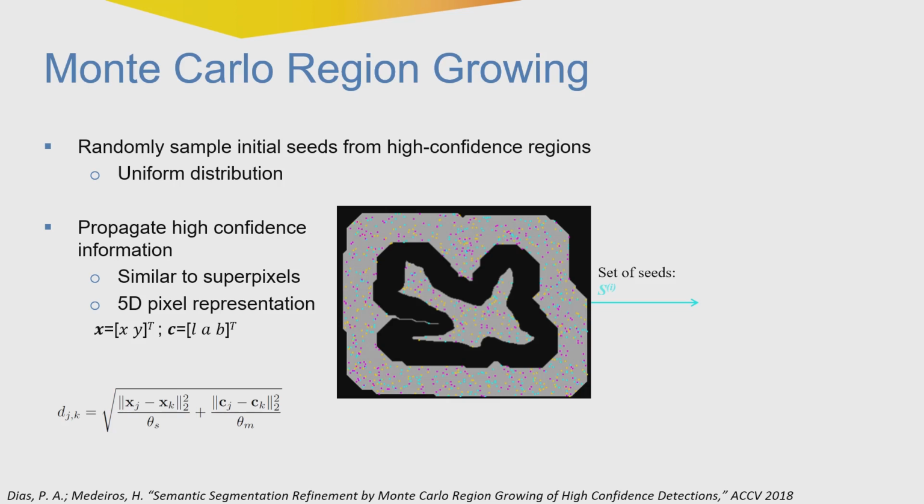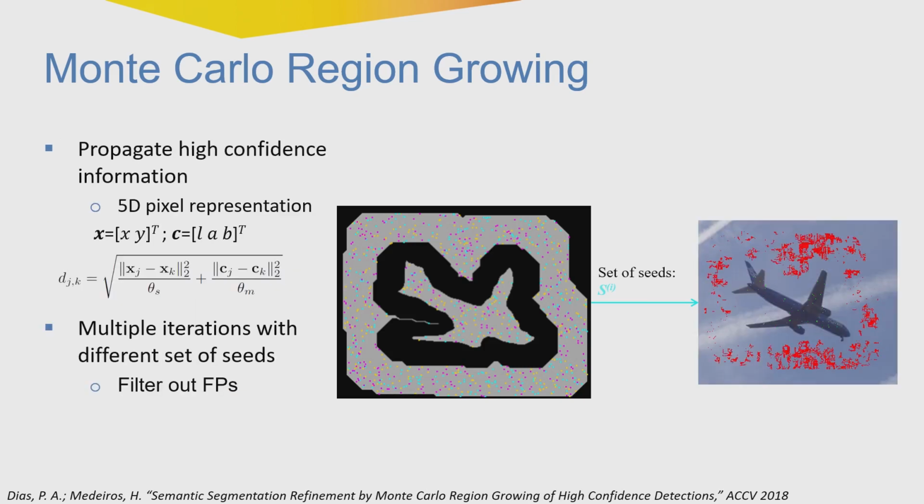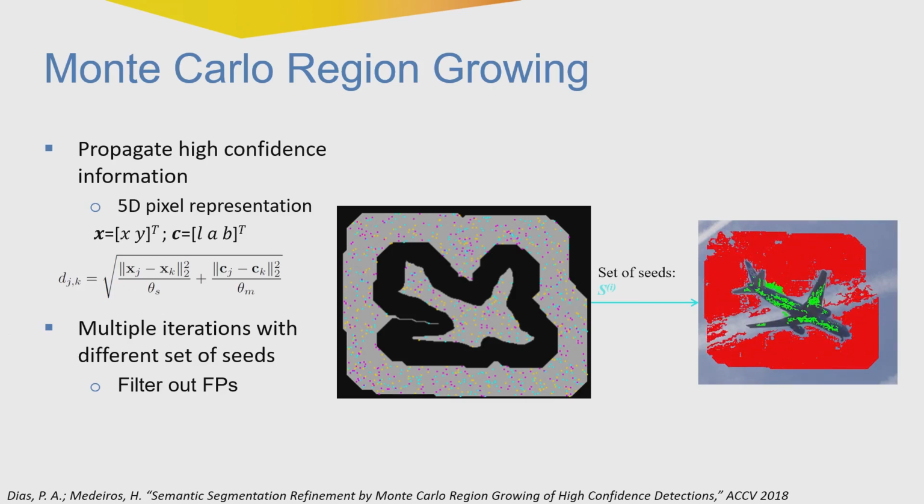And we grow them based on the same criteria that we had for the superpixels, which is the Euclidean distance in this 5D space of your X and Y coordinates in the image, and also your coordinates in color space. So spatial and color similarities. We do this growing such that whenever a seed has a neighbor with a very small distance, we assign the neighbor to the same category and start to propagate in this way.